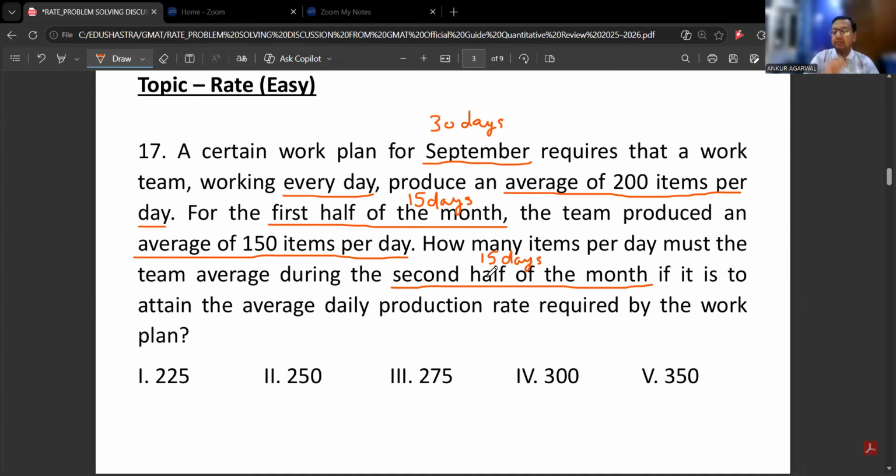This means the time is constant for you. Now, to attain the average daily production, whatever target is set for them, they have to achieve. So, what is the rate required by the work plan? What should they increase the working rate by, to achieve the same target?